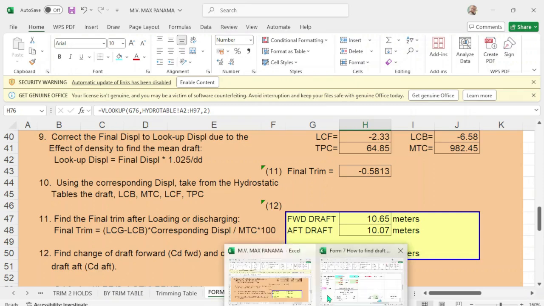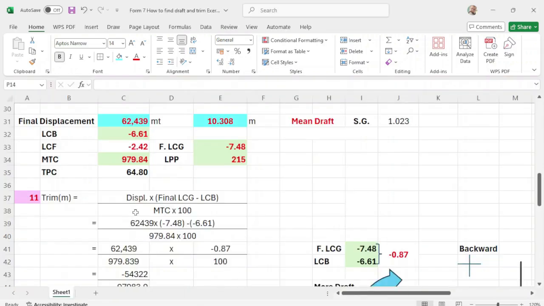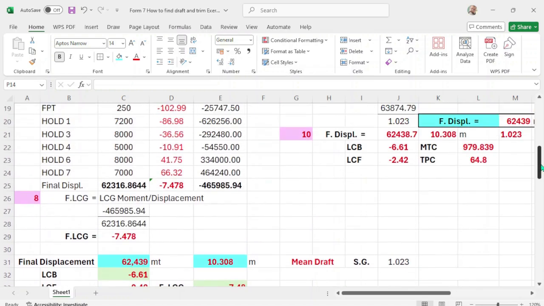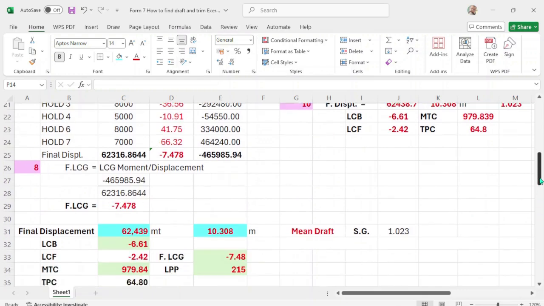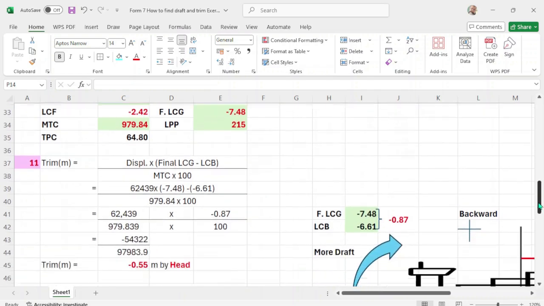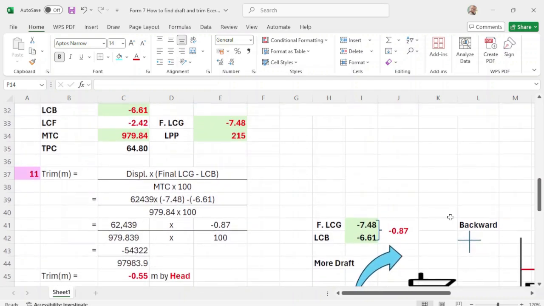Okay, this is the same formula. And I got here displacement. So my displacement is 62439 times LCG. What is my LCG is negative 748, which is this one, guys. Negative 748 minus LCB.